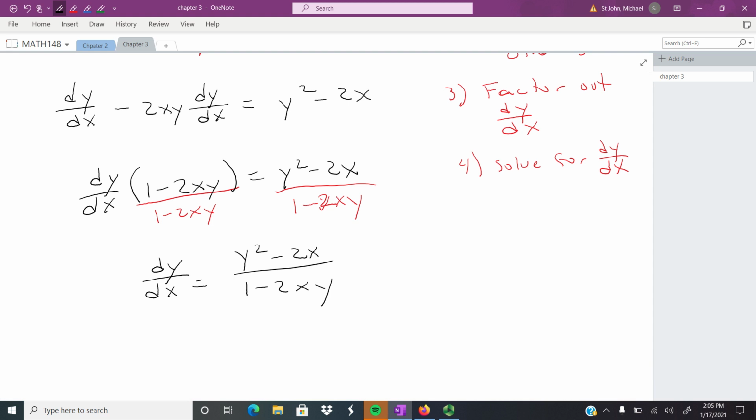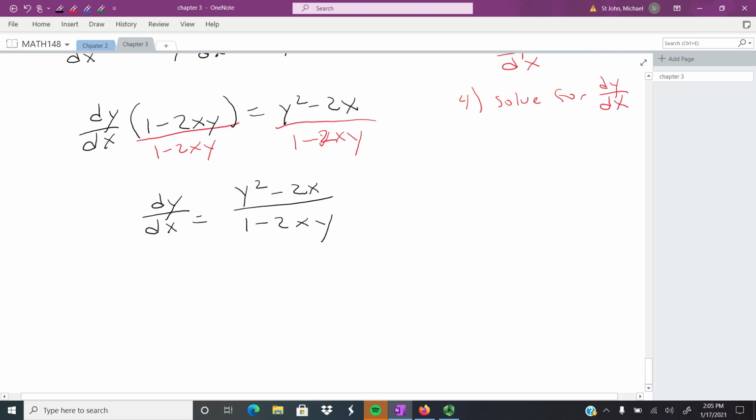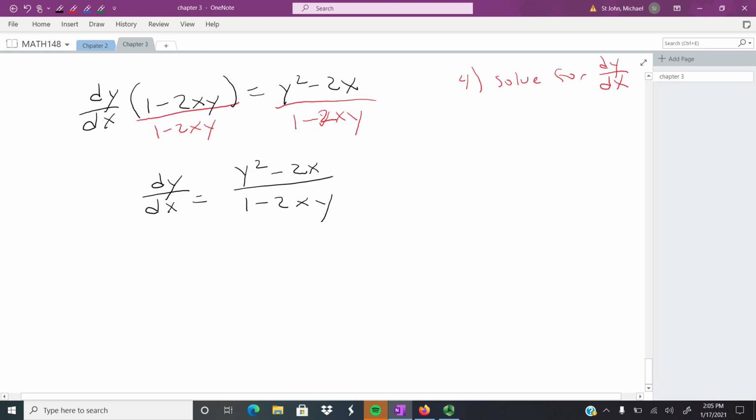So now let's do some more with this. Let's say they gave us some information. Let's say they would say, okay, we want to find the tangent line if x is equal to 1. So basically if x is 1, we need to know what the y value is.